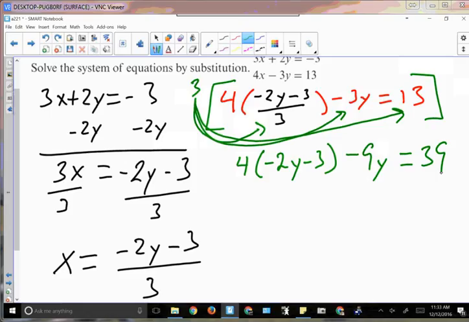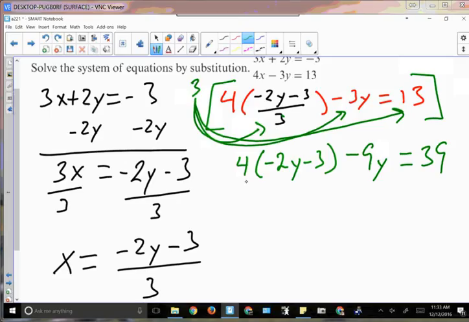Unless you like working with fractions, you can keep it there. But this makes life a lot easier. So whatever your denominator is that you get down here, multiply everything through by it. It'll wipe it out here right away, so you don't have to worry about it. So now, I'm going to go through and solve this thing out.